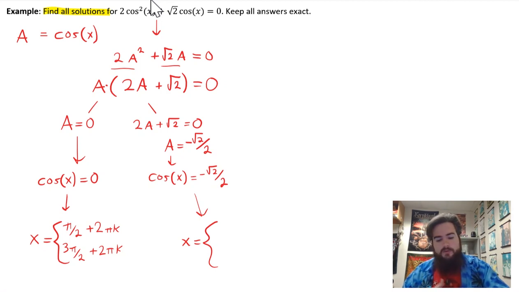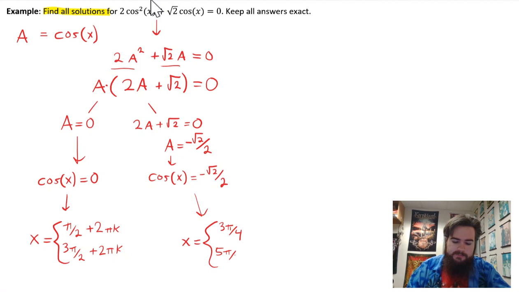Within the unit circle, cosine equals square root of 2 over 2 at multiples of pi over 4, and it happens to be negative in quadrant 2 and 3 for cosine. So that would be in quadrant 2, that'd be 3 pi over 4. And in quadrant 3, that would be 5 pi over 4.